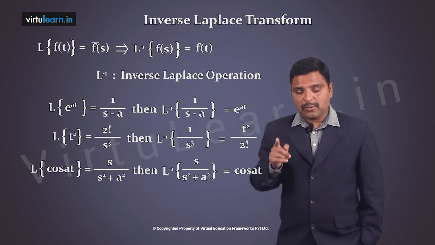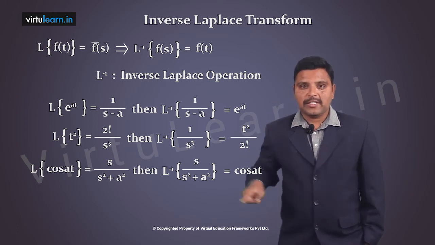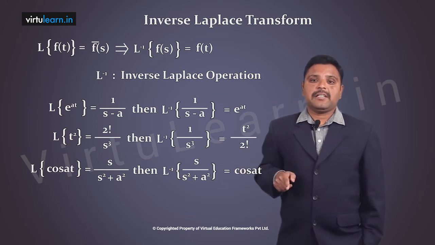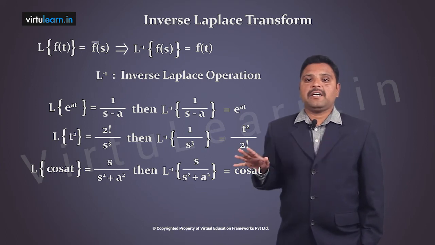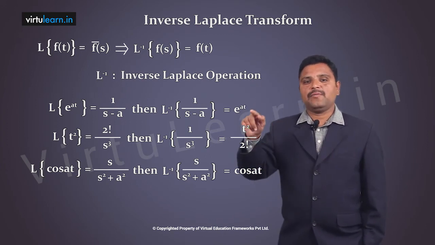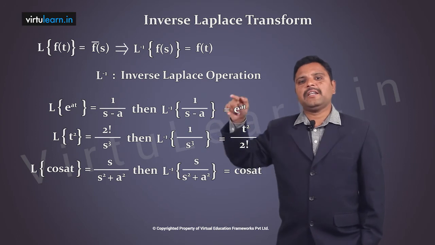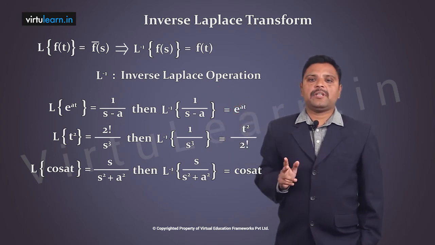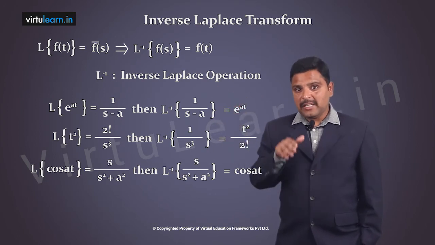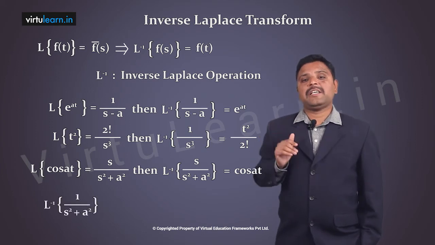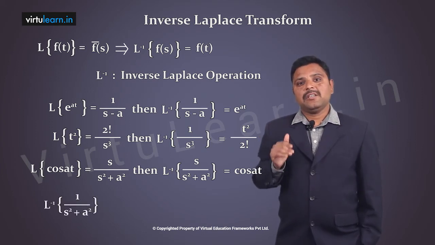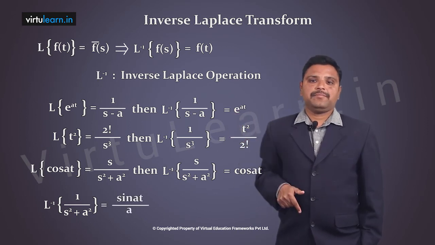Now observe this. But if s is missing, you do not send s that side. A variable we cannot send that side. Previously 2 factorial was missing, that's why we wrote t square by 2 factorial. Now the same thing, L inverse of 1 by s square plus a square, the answer is sin at by a.